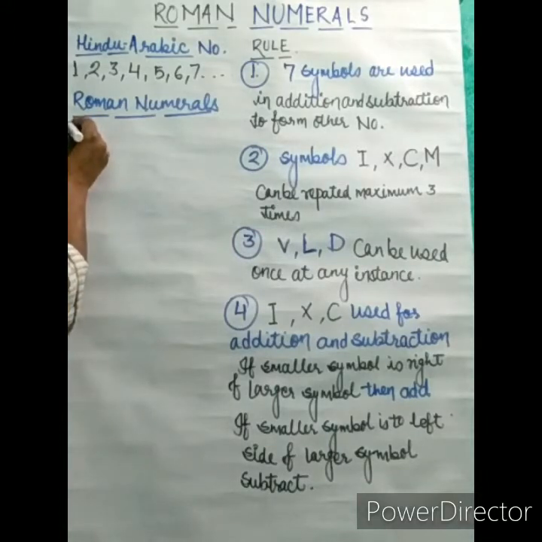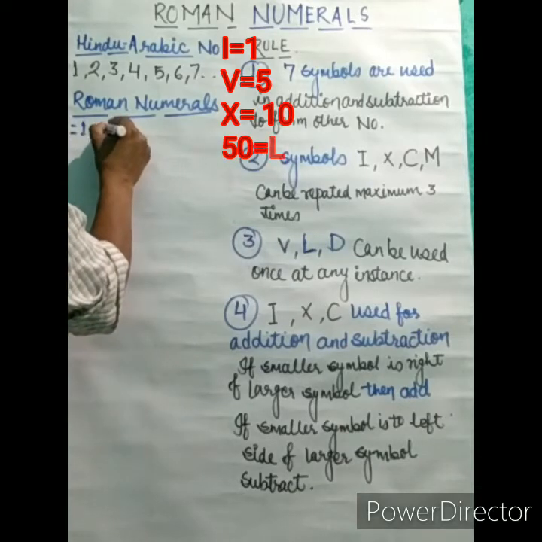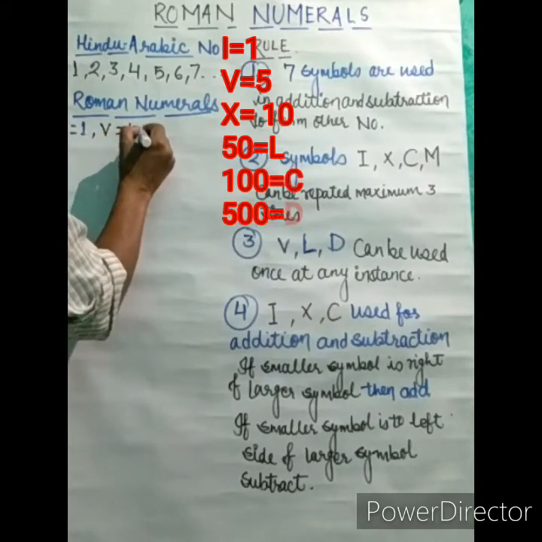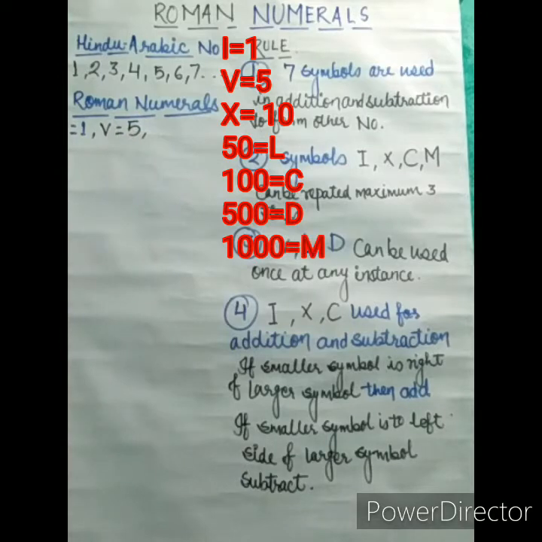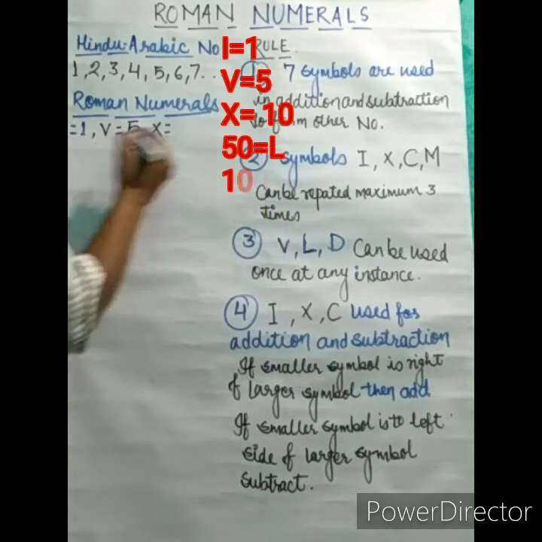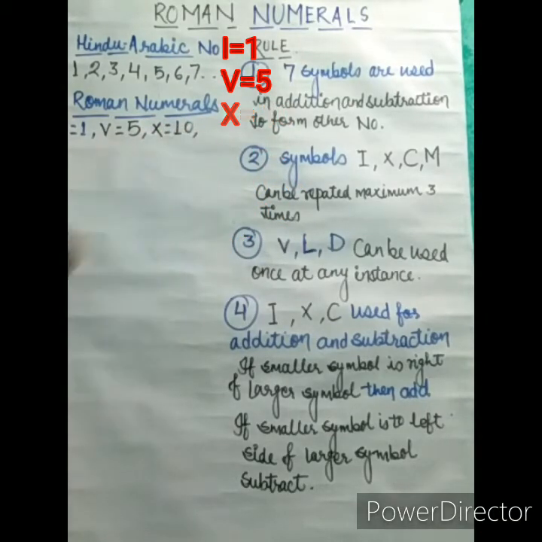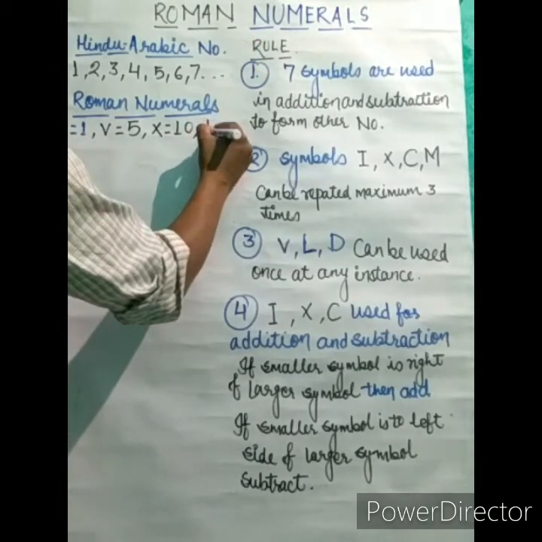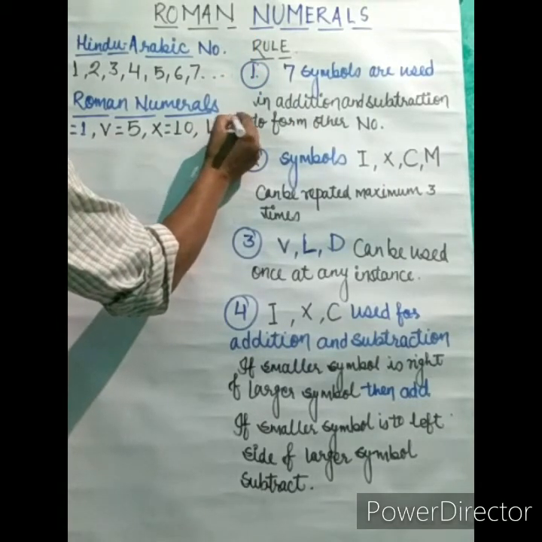First is I, which is called 1. Next is V. This V we call 5. This is very important, which Roman number represents which Hindu Arabic number. Next is X. X represents 10. Next is L. L represents 50.